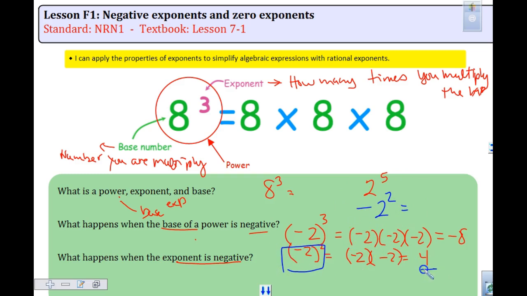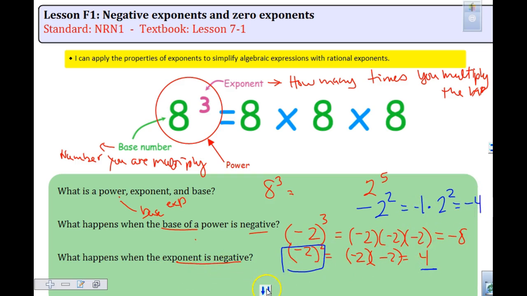This -2 to the 2nd actually means -1 times 2 to the 2nd. Because there's no parentheses, you have to be smarter than your calculator. If you put this into your calculator, -2 to the 2nd, you should probably get -4. And if you meant to square a -2, then it should be 4. This one is going to be -4.